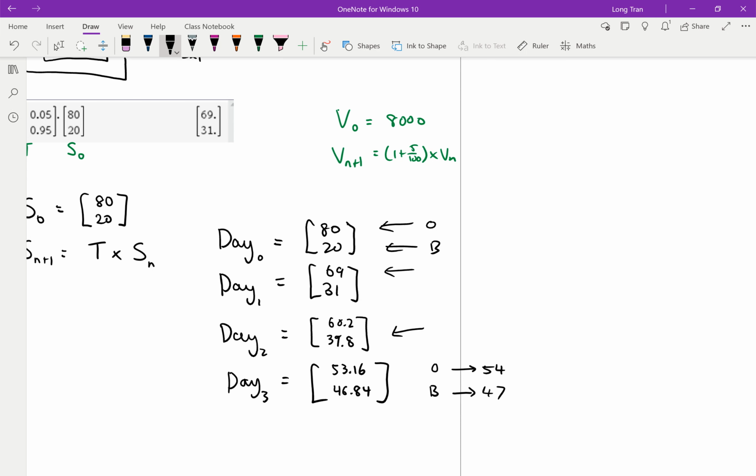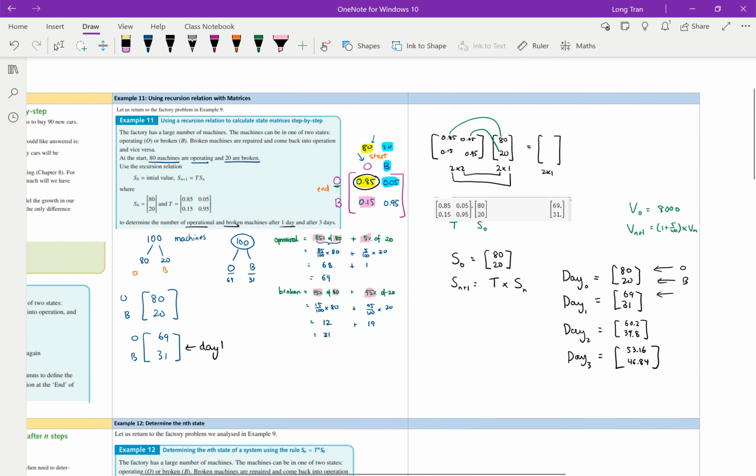But the problem is that if you say 47, 54 plus 47 does not equal 100 cars. You're meant to have 100 cars. But you can say it's approximately 54 and 47. Technically, if I were to answer the question rounding to the nearest car, then it's 53 and 47 together. That adds up to 100 cars. So that's the concept there. That's how you would answer the first part of this video.